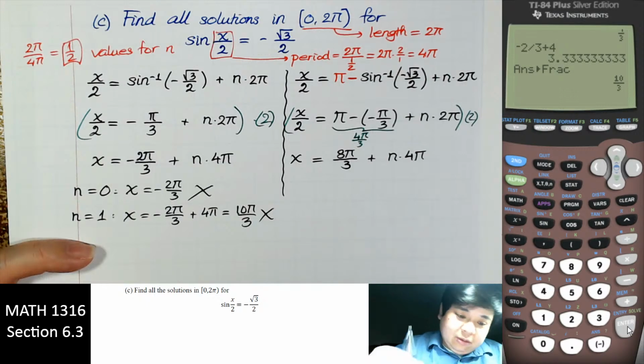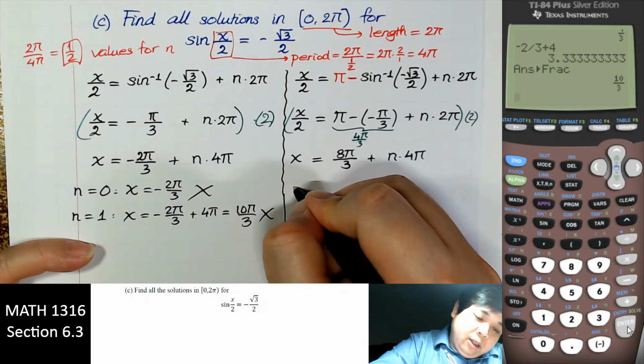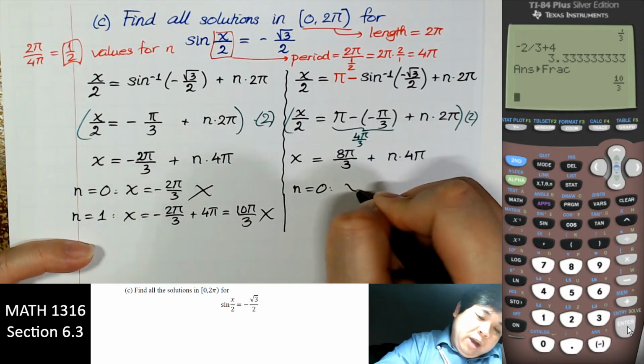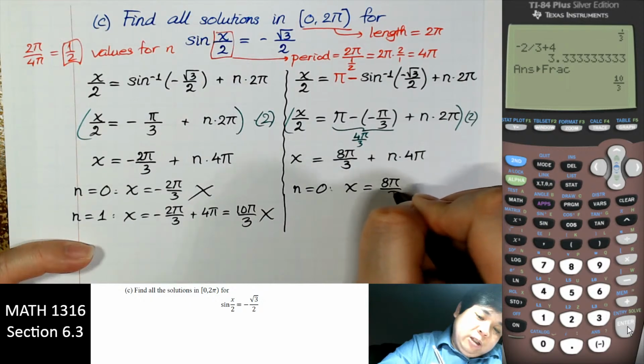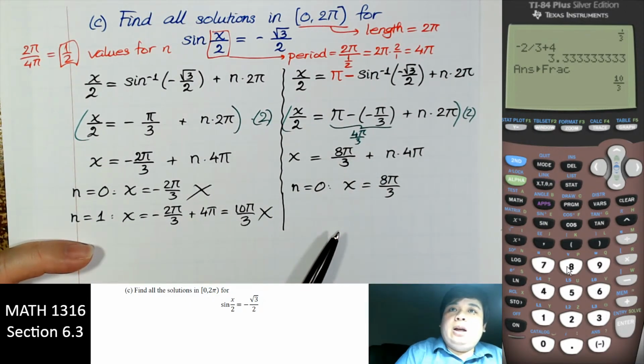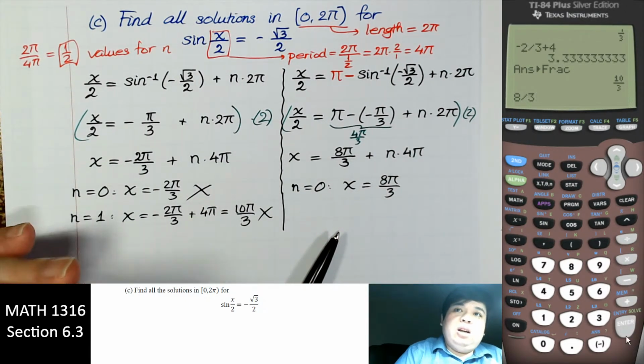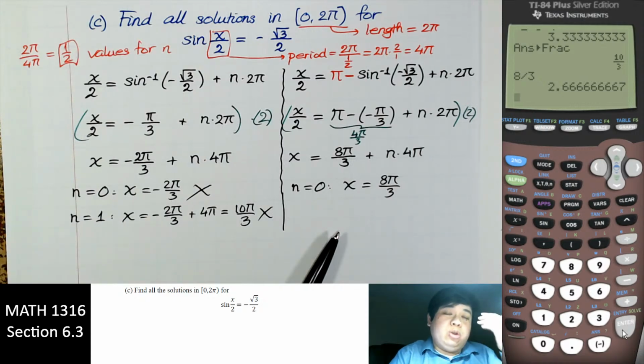Next, when n equal to 0, we have x equal to 8 pi over 3, which is more than 2 pi, so it's not enough.